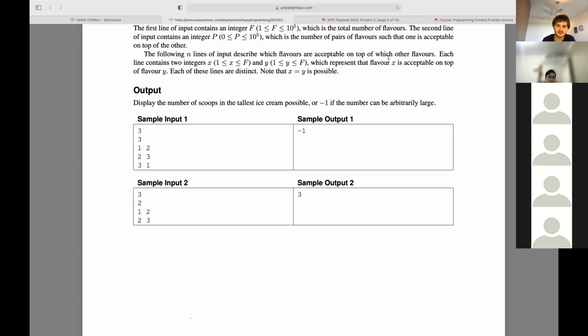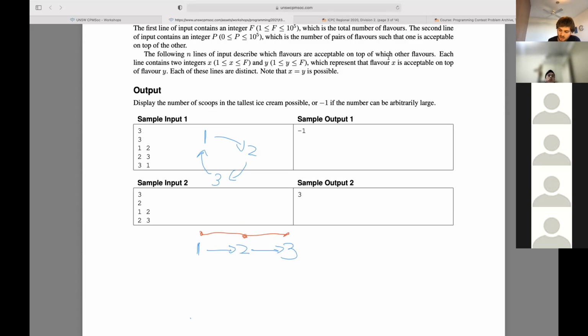This just describes a directed graph. In the first case, we have a graph with an edge from 1 to 2, an edge to 3, an edge to 1. In the second case, we have 1 with an edge to 2 and 2 with an edge to 3. On this graph, an ice cream is allowed if it forms a path. 1, 2, 3 is a valid ice cream because 1 can go on top of 2 and 2 can go on top of 3.